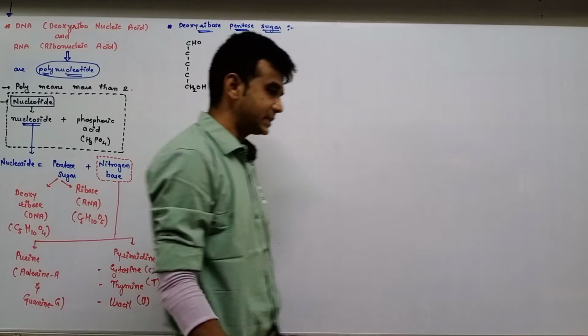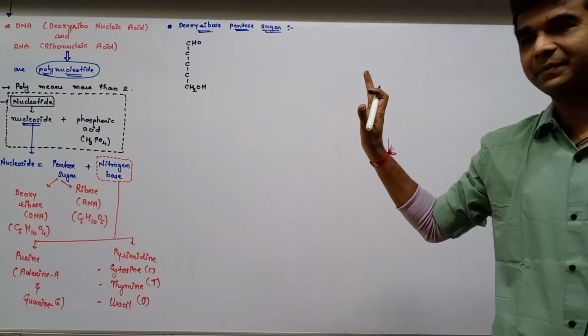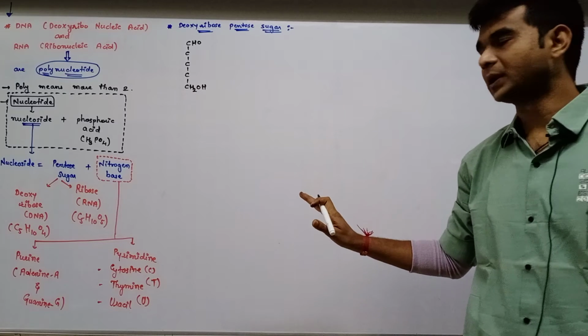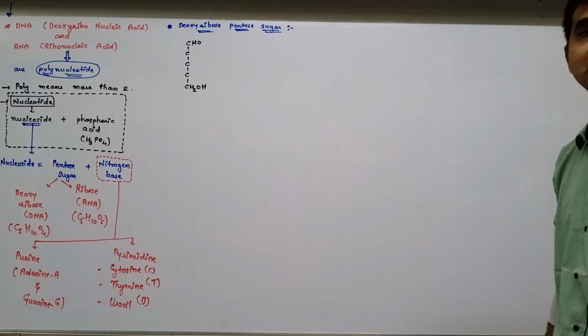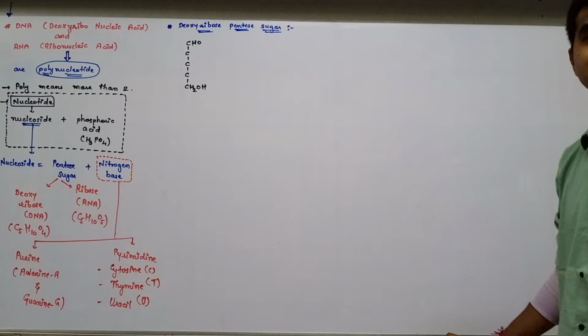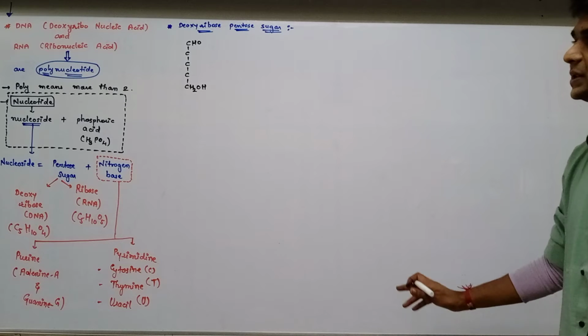Understand it properly: the last carbon is the alcoholic methyl group, and the first is the aldehyde group.